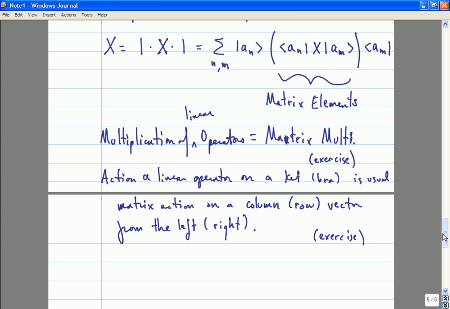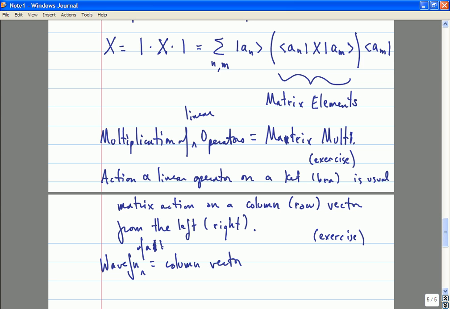And so, of course, implicit in this statement is that we can regard the wave function in a given basis as a column vector, and that's the wave function of a ket.